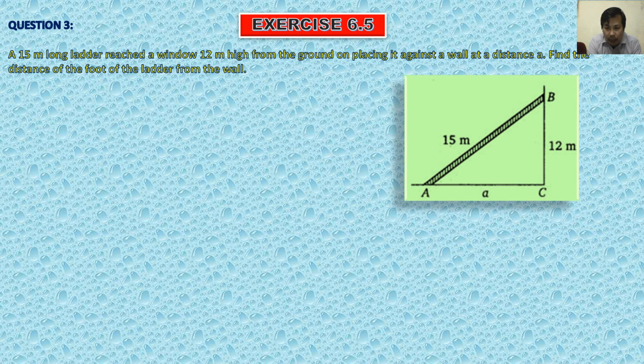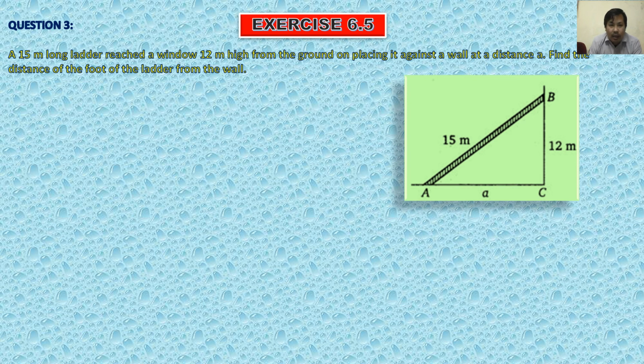So we are going to find AC. This is also a right angle triangle because a wall always stands upright, perpendicular to the ground, the floor. So here the right angle is at C, and the side opposite the right angle, AB, is the hypotenuse. So we have to apply the Pythagoras theorem here also.